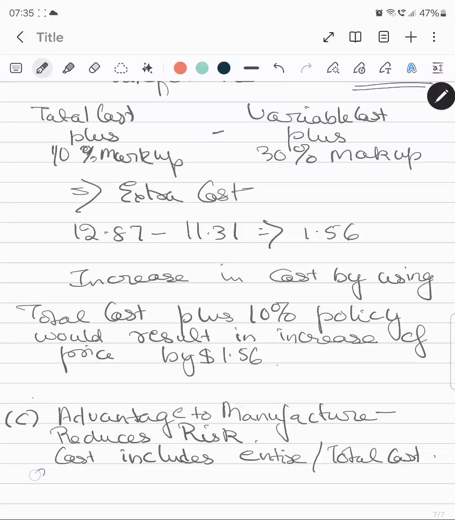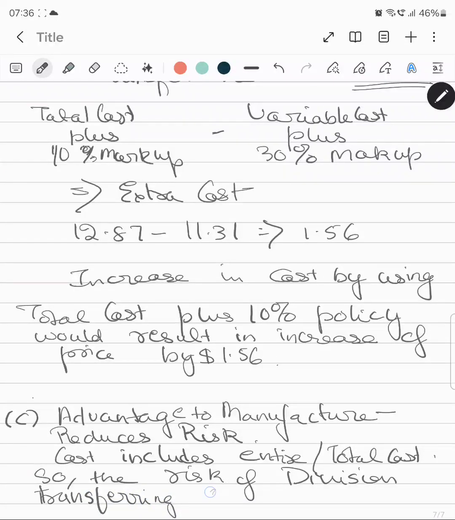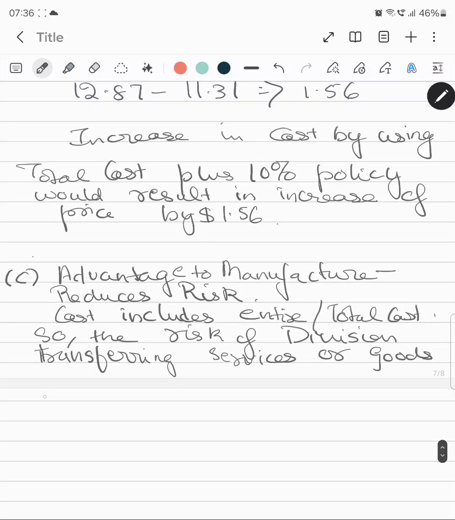So the risk of the division transferring services or goods gets reduced.